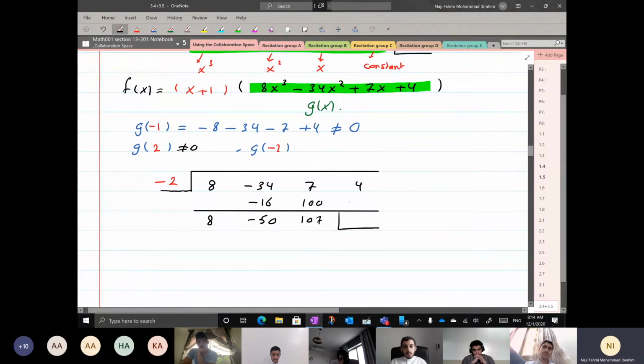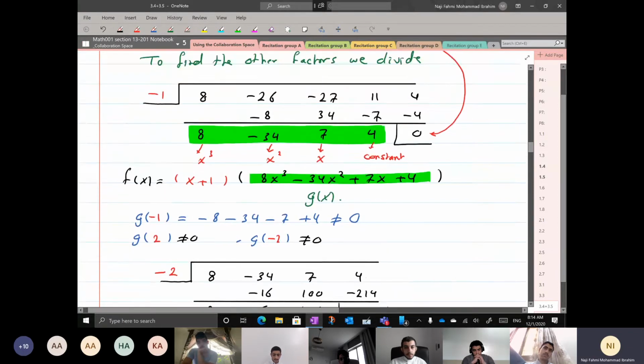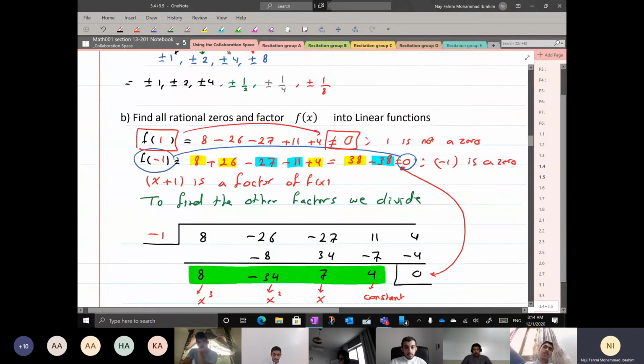It's obvious that it's not 0. So again, g of -2 is not 0. So I have to go to my next possible 0. What's the next possible 0 after these? Go to this set.